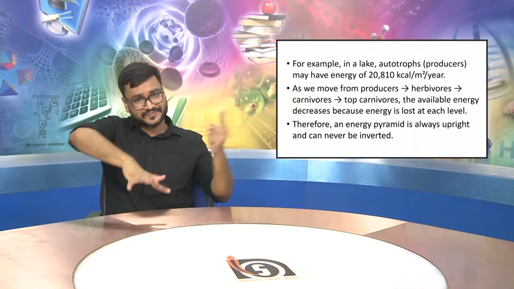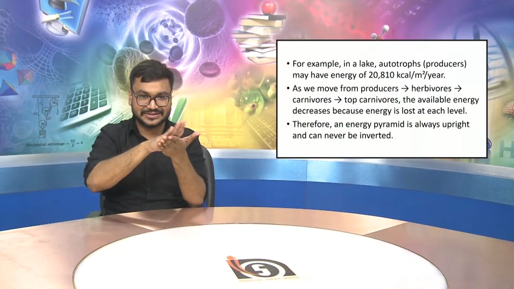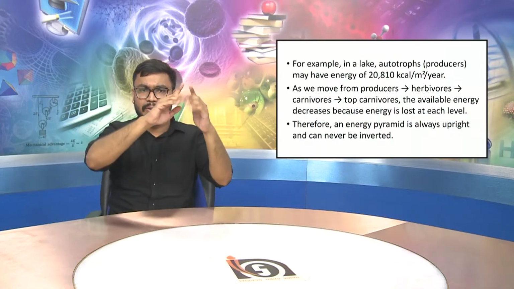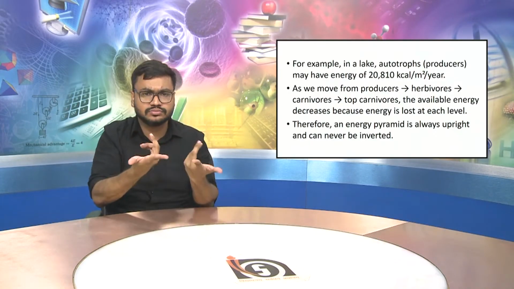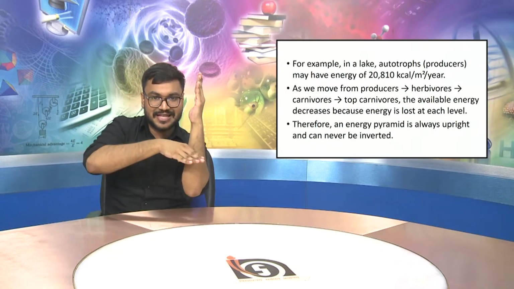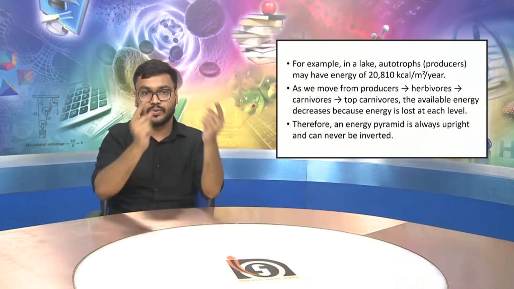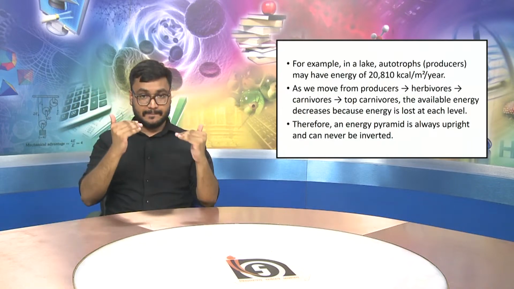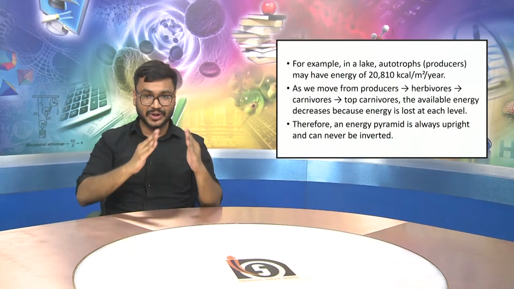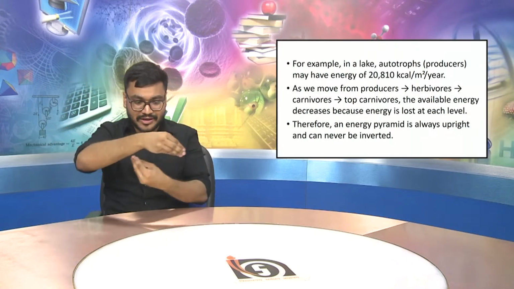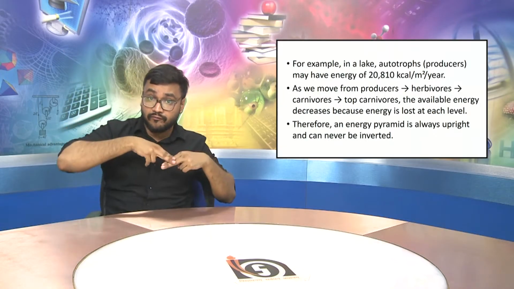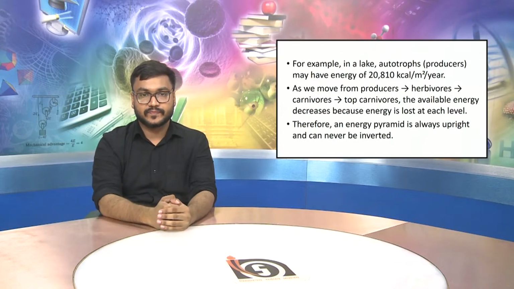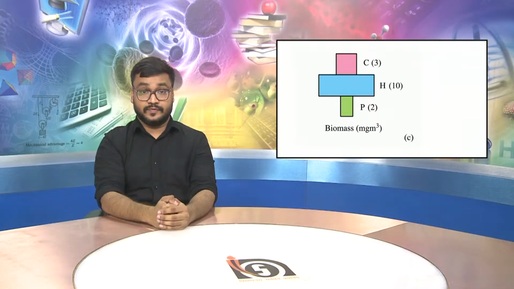As we move from producers to herbivorous, to carnivorous and to top carnivorous, the available energy decreases because the energy is lost at each level. Therefore, an energy pyramid is always upright and it can never be inverted.